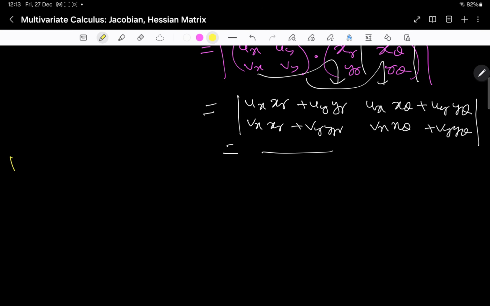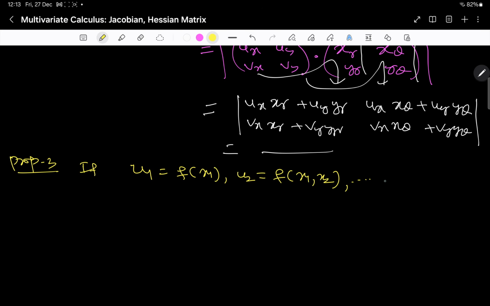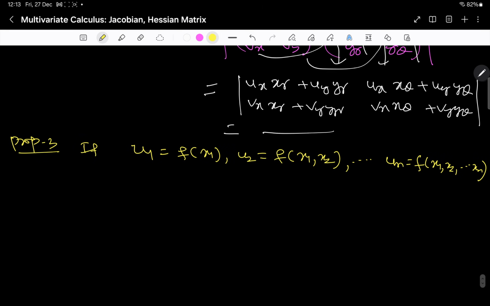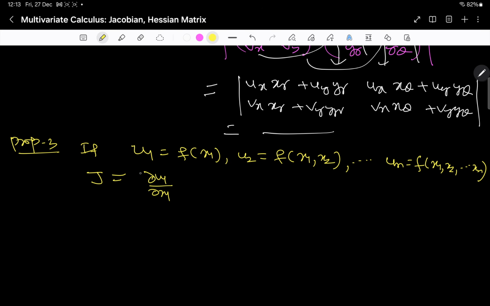Property number 3. Suppose u1 is some function of x1, u2 is a function of x1 and x2, and likewise un is a function of x1, x2 up to xn. Then what will be your Jacobian in this case? Here del u1 by del x1, and then 0 because with respect to x2 it is 0, with respect to x3 0, and so on.